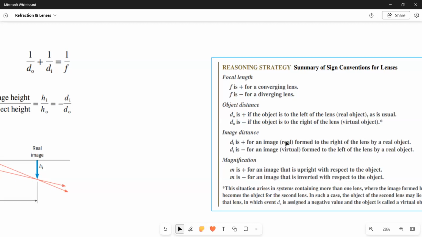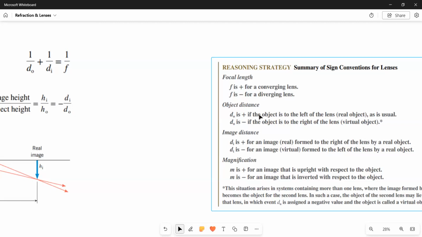And if the image distance is positive, then you have a real image.